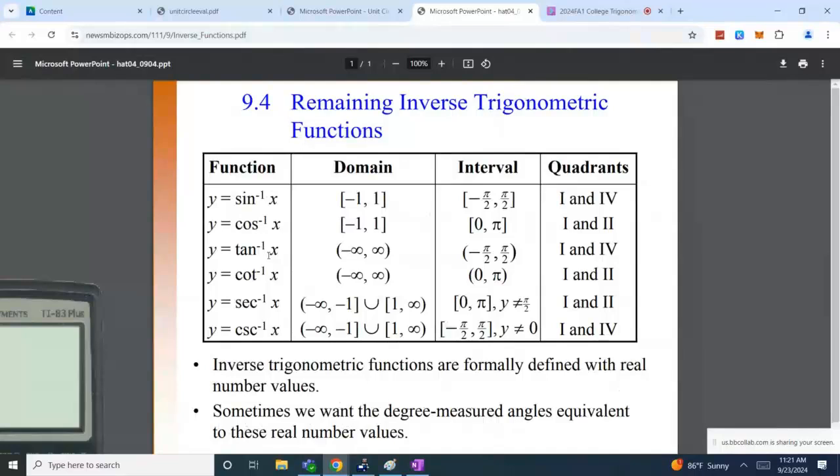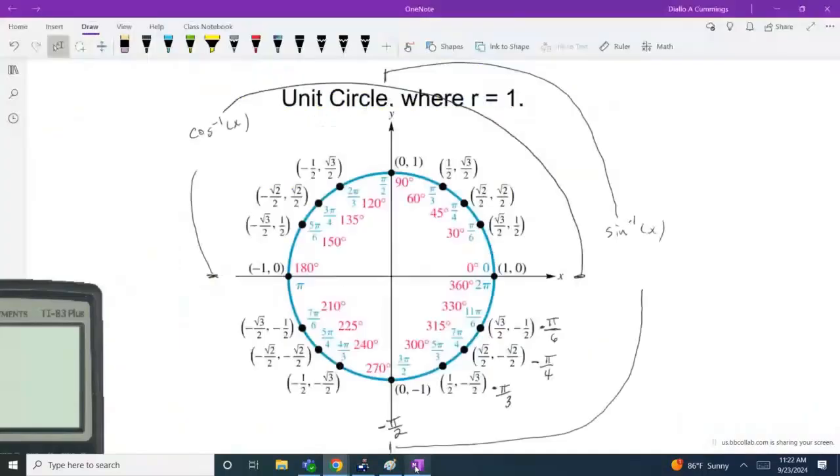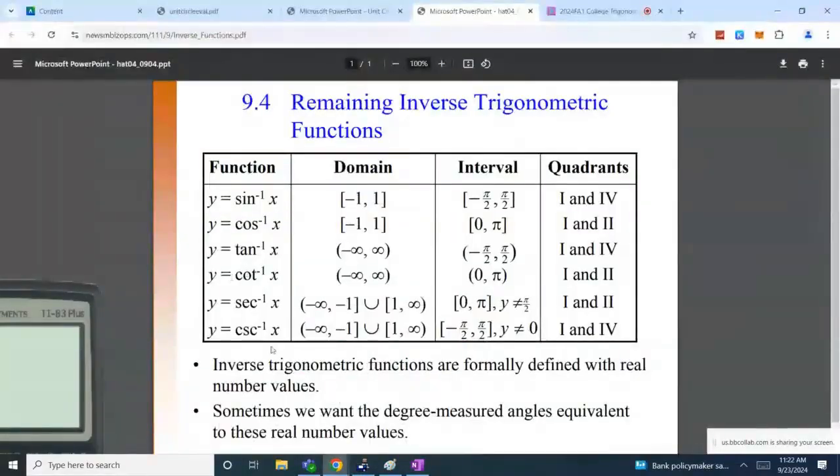The arc tangent lies in the interval from negative pi over 2 to pi over 2, right? So the arc sine and the arc tangent both lie along the right-hand side. Now we do have the reciprocals, which are not actually used in the course.